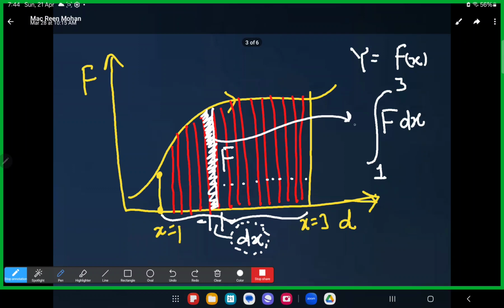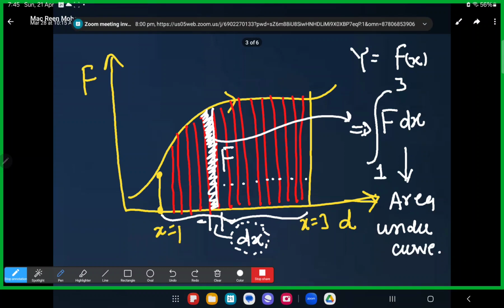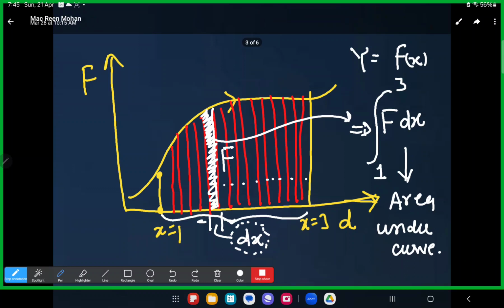And once we do the integration, we will get the area under the curve. So mind it, how we have calculated the area, what is the basic purpose of it, and why we needed integration. I thought it is very much clear. Basically, f into dx is the area of the strip. What is the purpose of this sign? I thought it is also clear to you.